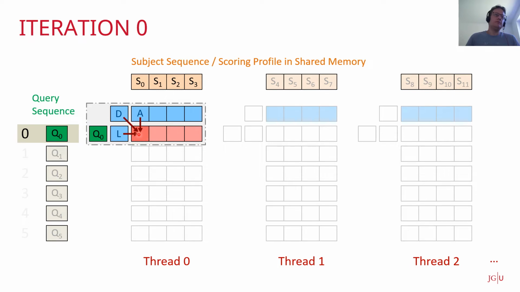Note that we only need k instead of 2 times k, because the values from the previous row can just be overwritten with the values from the current row. But we also need the value to the left of the current strip that's computed by a thread, and the diagonal value. We also need the query character, which we'll see will be different for each thread.